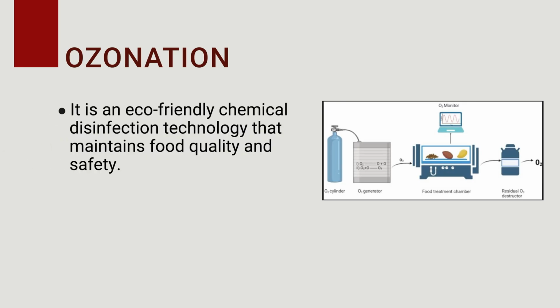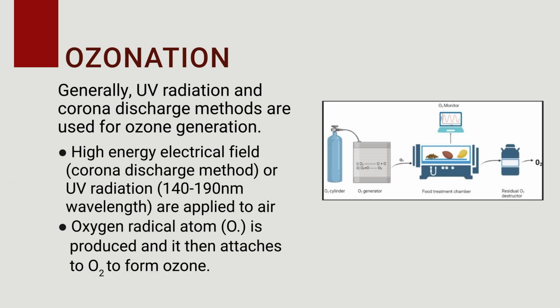Looking at another method under the novel technologies, that is using ozone for food preservation. That is called ozonization. Ozone is a gas, and it's a chemical disinfectant which can disinfect, or you can say reduce the microbial load on food surfaces, or within the food, or even on utensils.